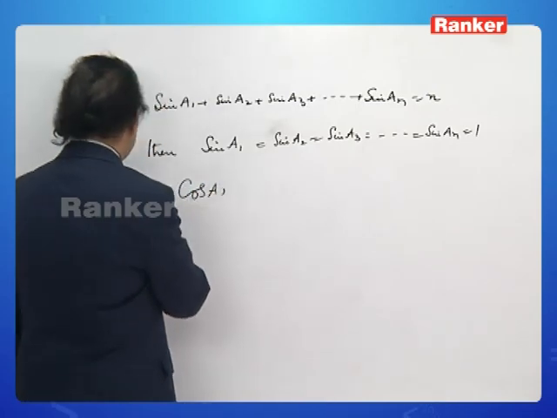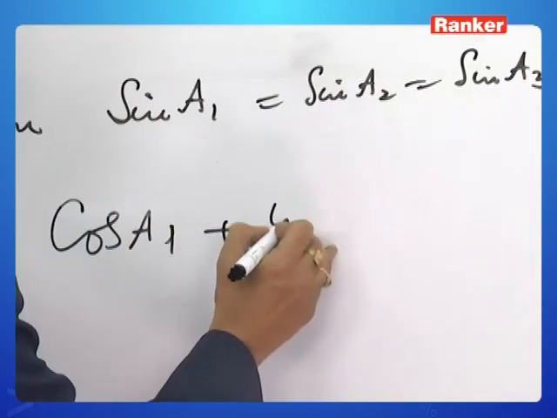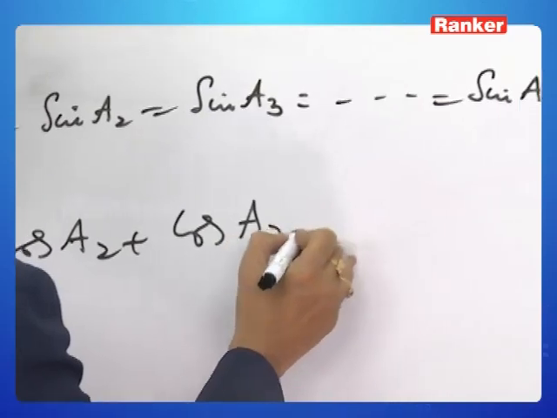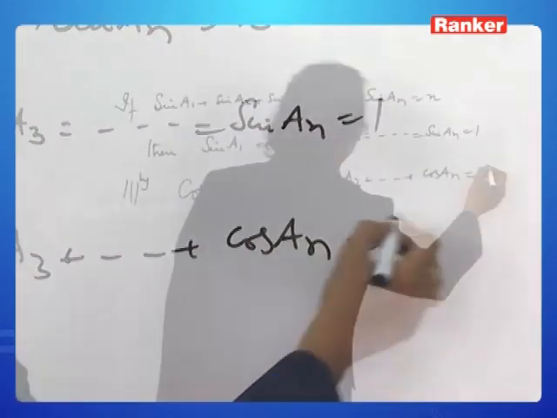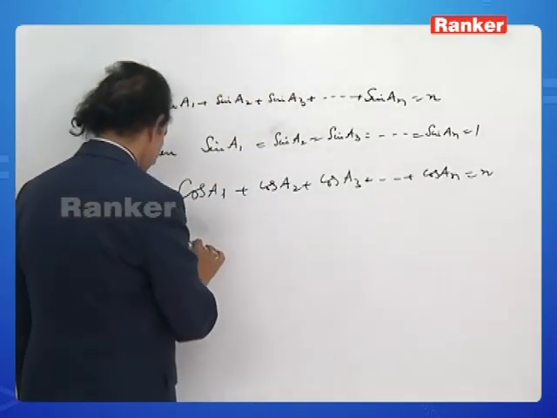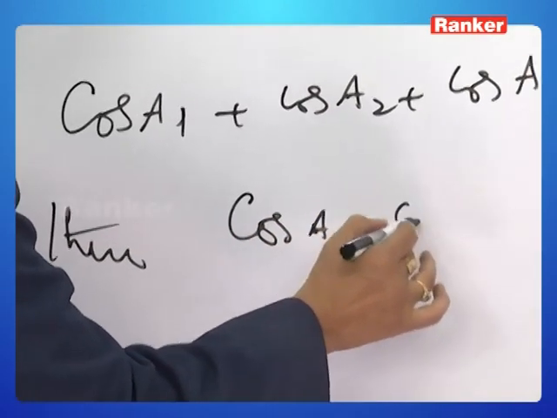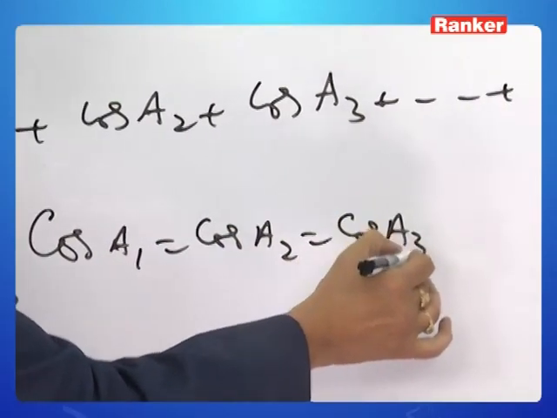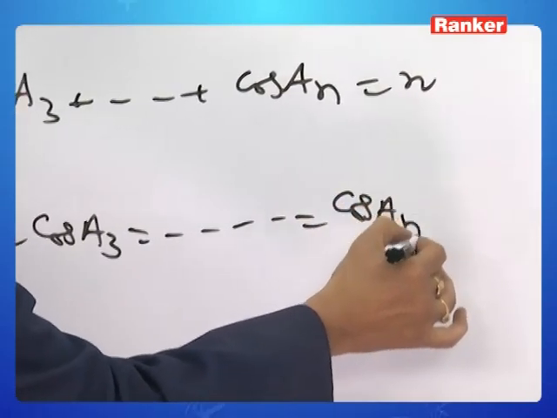Cos A1, similarly, cos A1 plus cos A2 plus cos A3 plus cos A4 plus etc. cos AN is equal to n. Then cos A1 is equal to cos A2 is equal to cos A3 is equal to etc. cos AN is equal to 1.